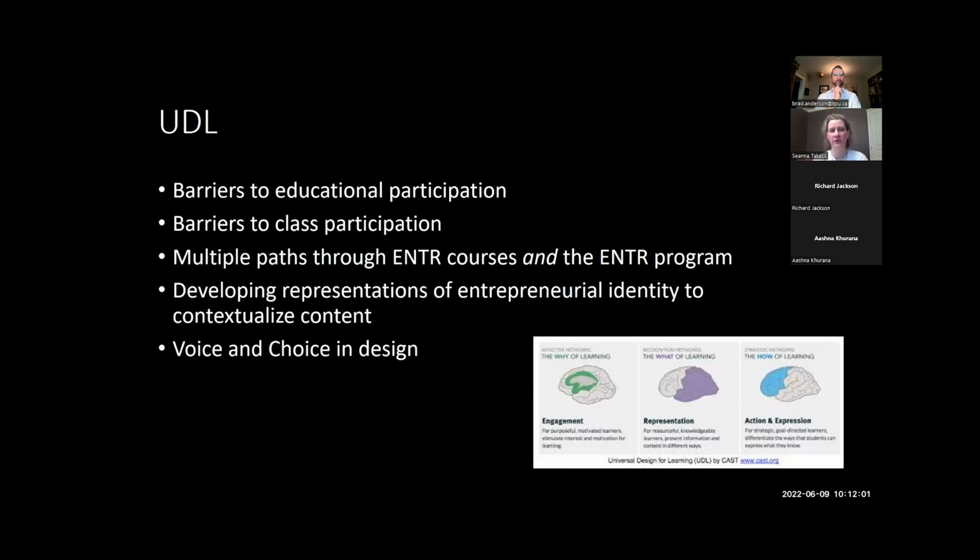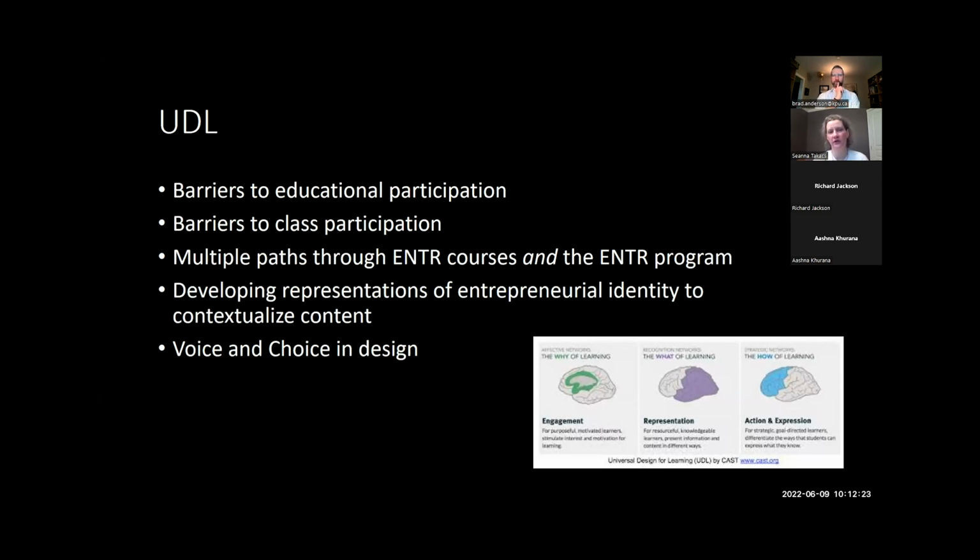The idea is that we didn't just want multiple paths through the ENTR courses, bringing in student voice and choice in courses. The real question, and it was a really exciting question, is how can we design for multiple paths through the ENTR program? That's what we really embarked upon doing.